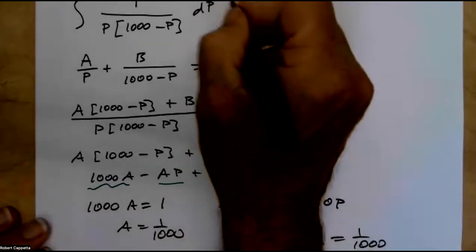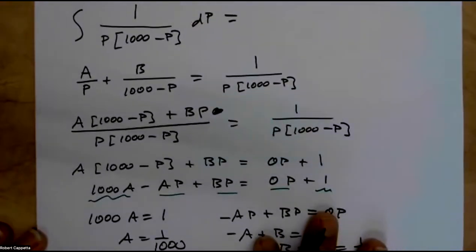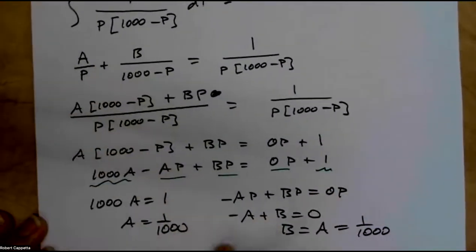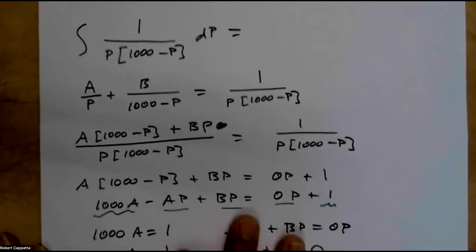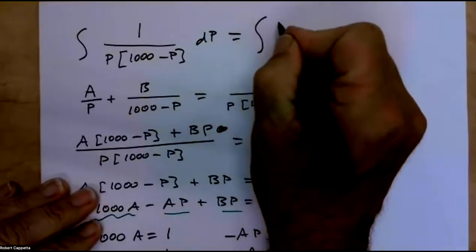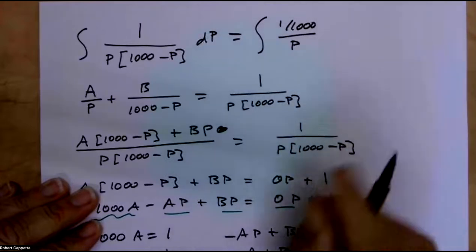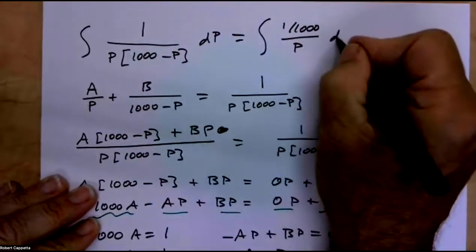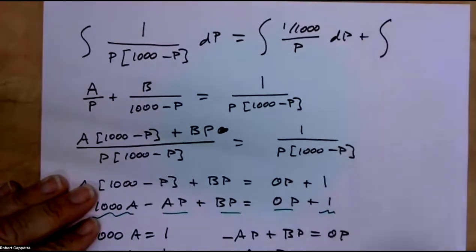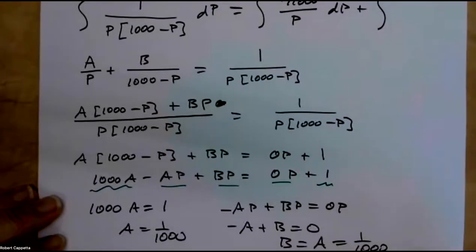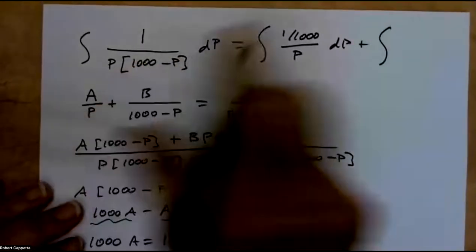So where does that put me? This integral up here is A over P, so (1 over 1,000) over P dP, plus B is also 1 over 1,000, (1 over 1,000) over (1,000 minus P).